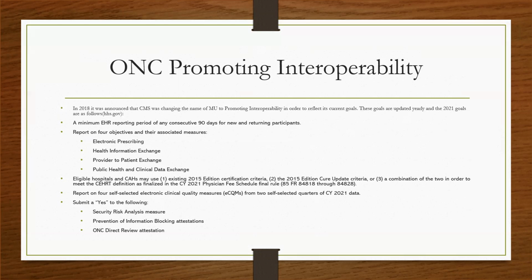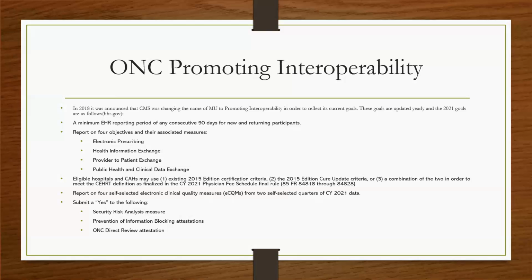We see a lot of that right now with the ongoing pandemic on how to capture data, what data is used, and how it still protects patient privacy when it comes to public health. Now, eligible hospitals and CAHs may use one existing 2015 criteria, the 2015 edition Cures Update criteria, or a combination of two in order to meet the definitions as finalized in 2021. But that is temporary.